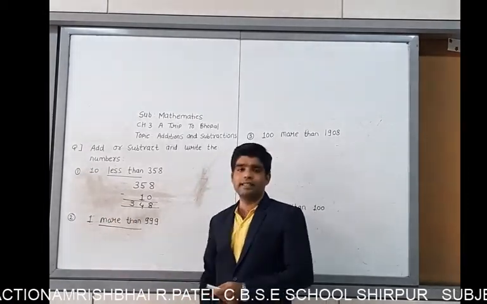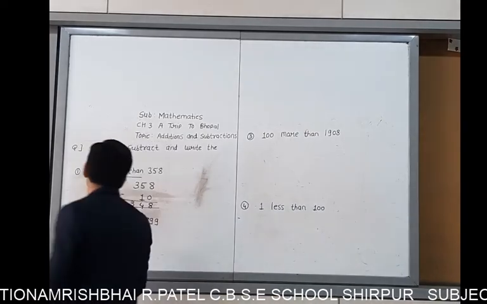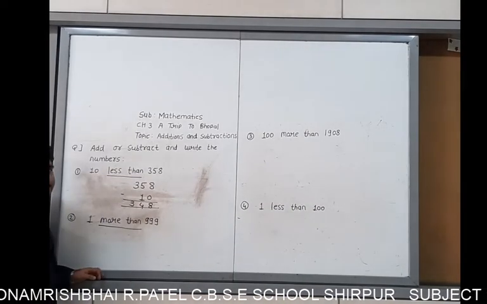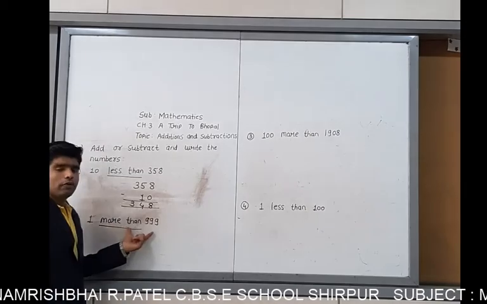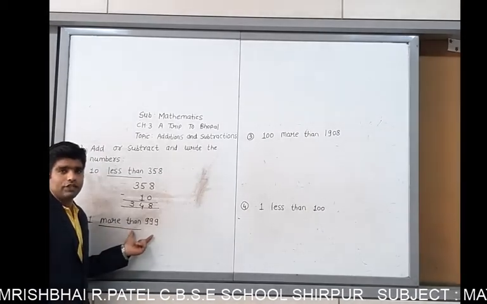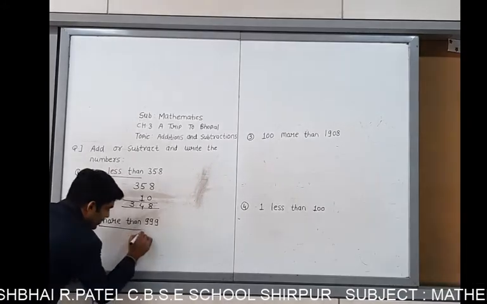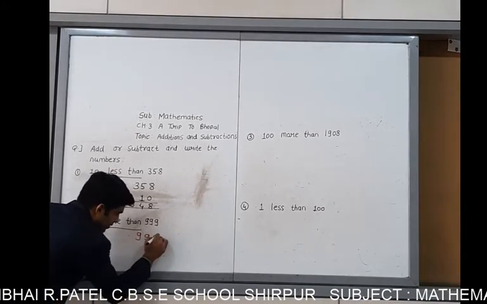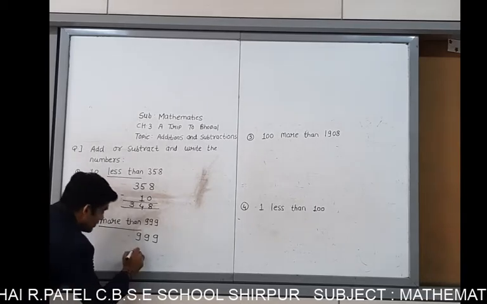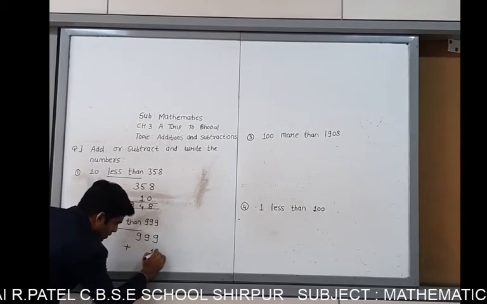Next, second example. 1 more than 999. The meaning of more than is that we have to use the addition sign, we have to add it and then solve it. 999, we have to add 1.